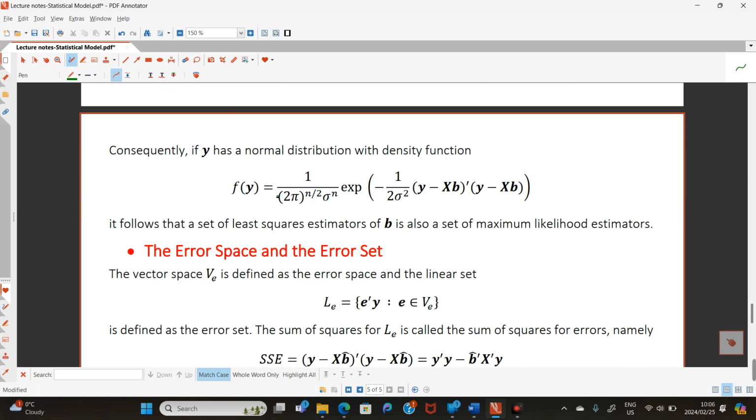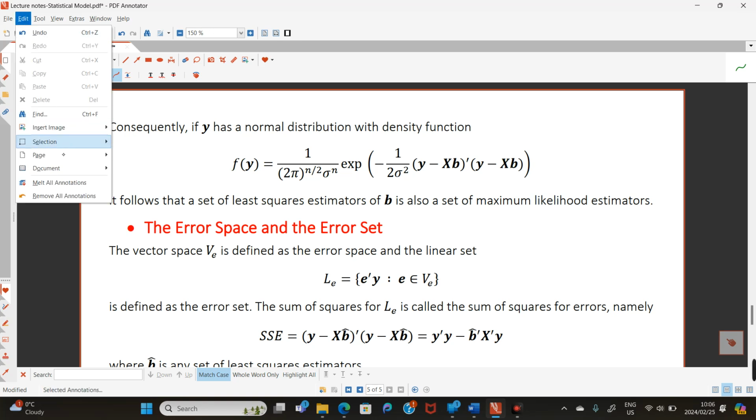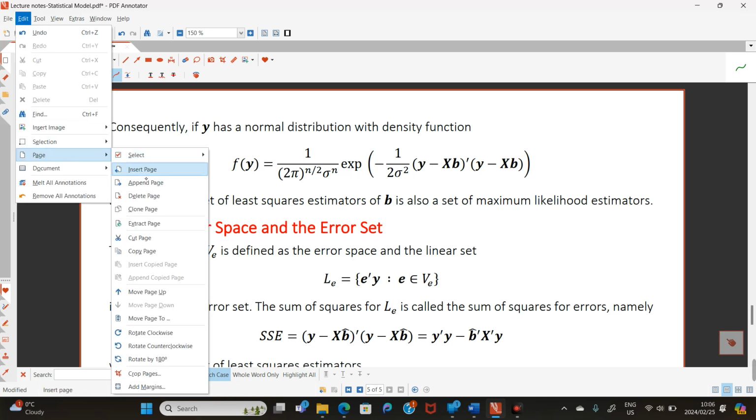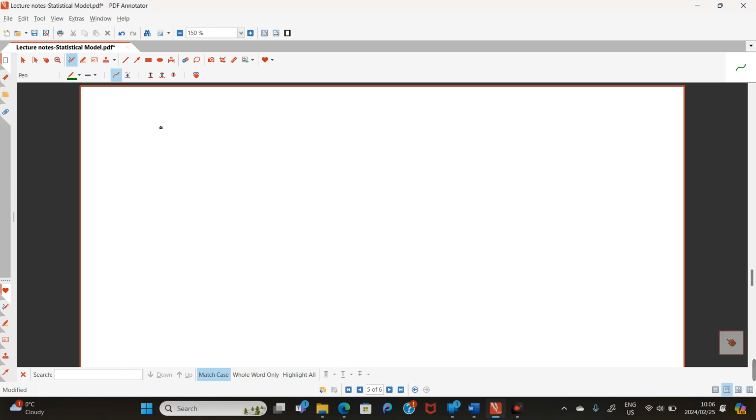You can also consider the normal assumption. Let me add a page. Suppose that once again you have y equal to x beta plus epsilon. I like to write the notation beta.